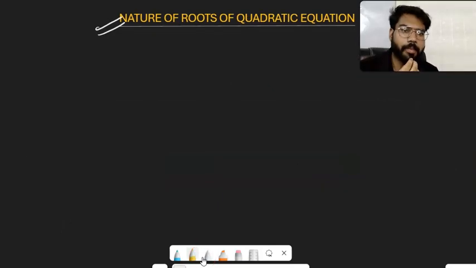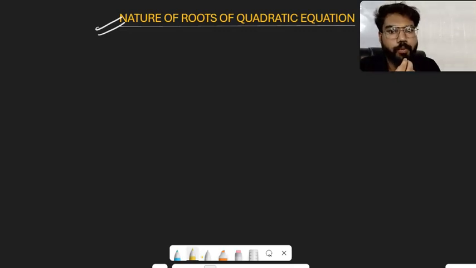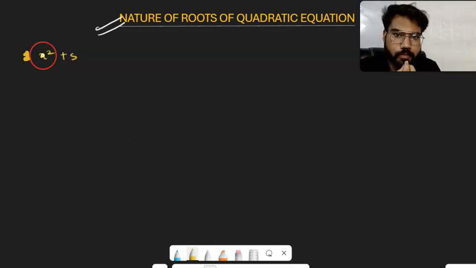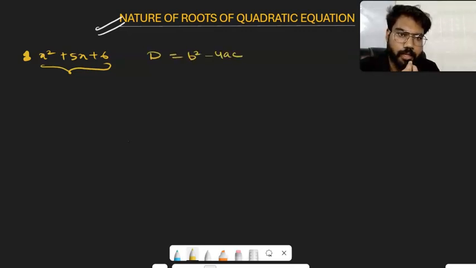Now let us consider some examples to see the nature of roots of a quadratic equation. Example number 1: x square plus 5x plus 6. First of all we will find the discriminant for this quadratic equation. We know that the value of the discriminant d is equal to b square minus 4ac. In this case, the value of a is 1 because the coefficient of x square is 1. The value of b is 5 because the coefficient of x is 5, and the constant term c is 6.